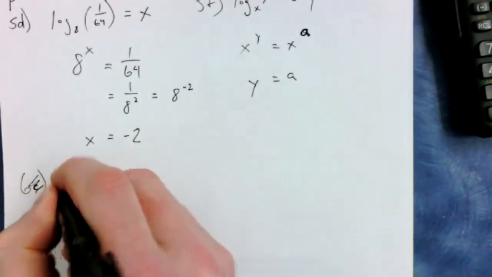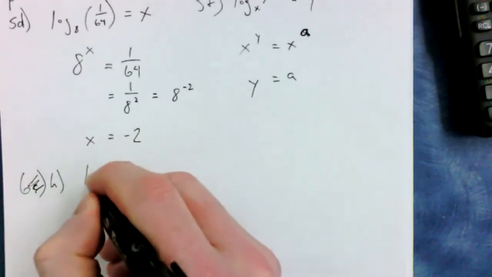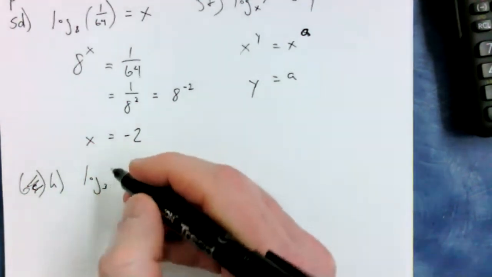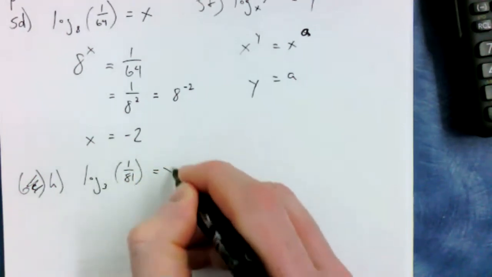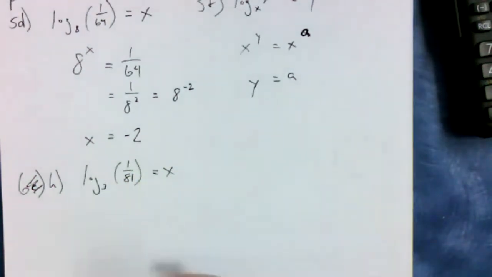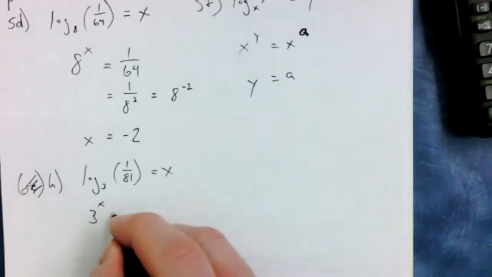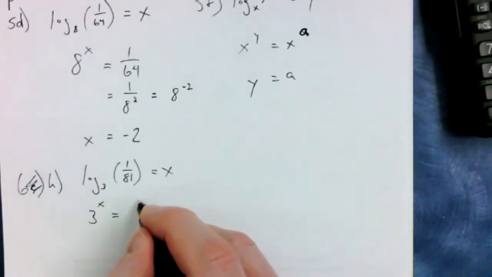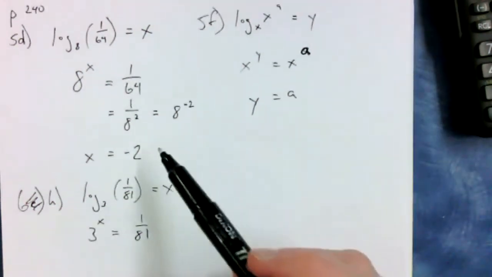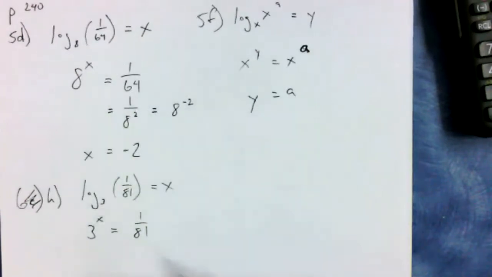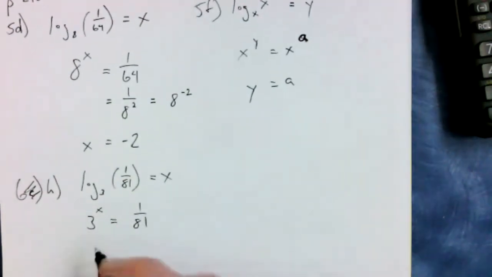So we have log base 3 of 1 over 81 equals x. We can rewrite this in exponential form: 3 to the x equals 1 over 81. You see where I'm going with this? Same as the one right above it. I just need to make 81 base 3.